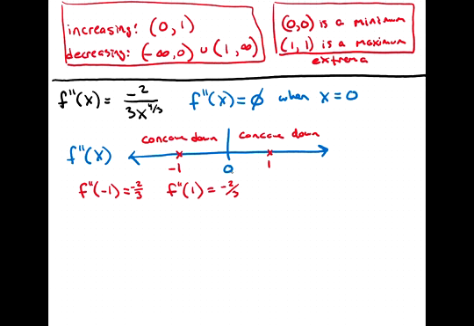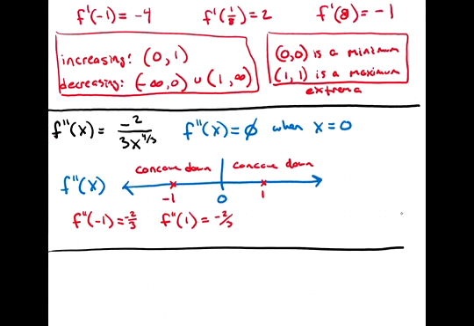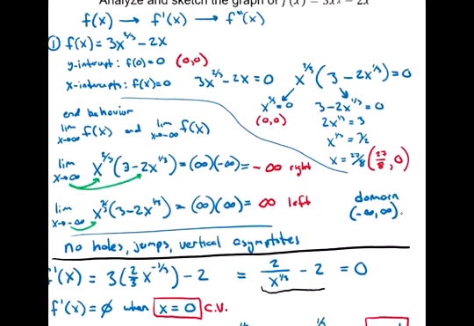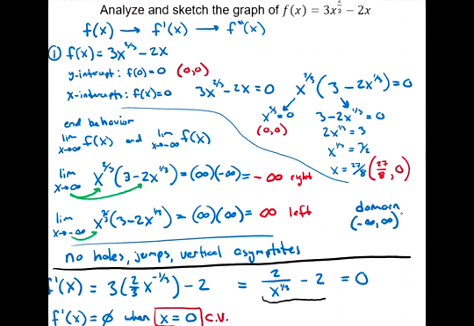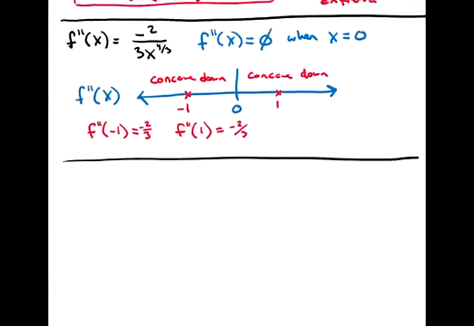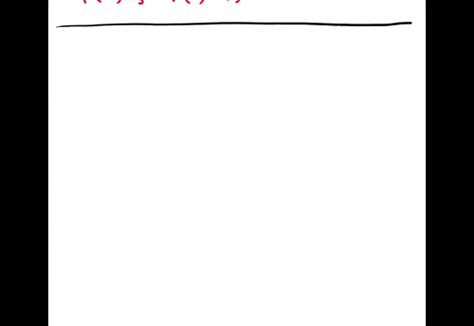Okay, so now let's go back through the information that we have so far. We have the x-intercepts and the y-intercepts from our function. The point 0, 0 is both an x and a y-intercept, and the point 27/8, 0 is another x-intercept. Let's start putting this information on our graph.